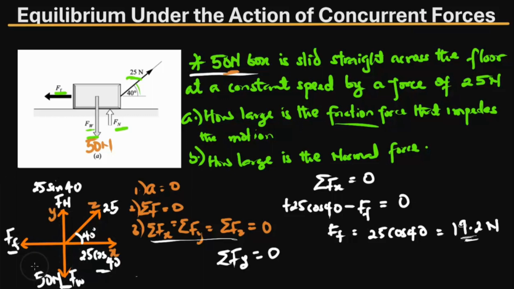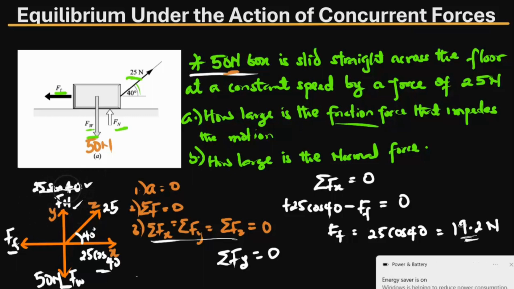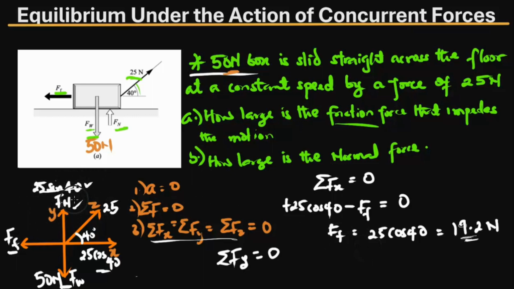So what other force do we have in the y direction? We have 25 sine 40, which is the force we resolved to the vertical. And then we also have our normal force. The normal force and 25 sine 40 both act in the same direction, the positive y direction.